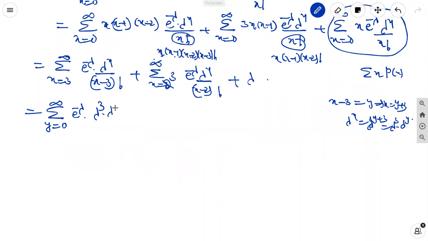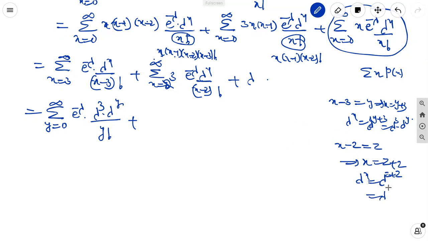lambda cube into lambda power y by y factorial, plus here x minus 2 equal to z. From this x equal to z plus 2, lambda power x equal to lambda power z plus 2. It is lambda square into lambda power z.